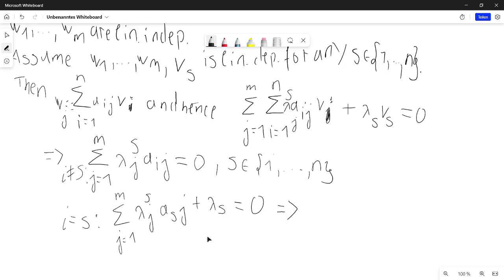Okay, I get that lambda is the coefficient, right?